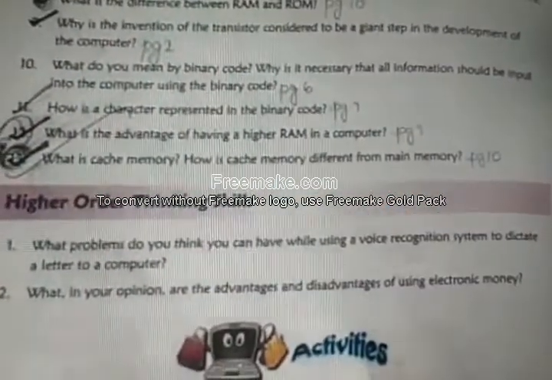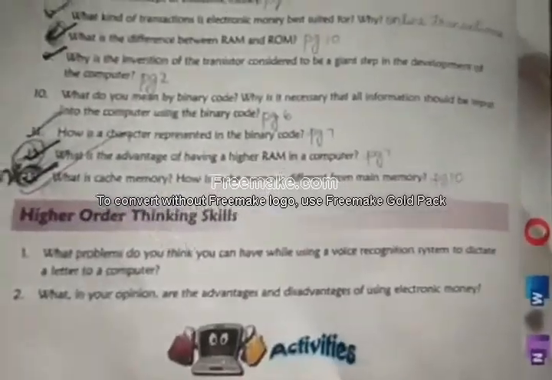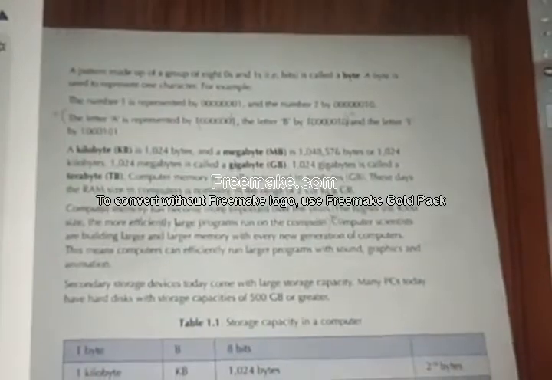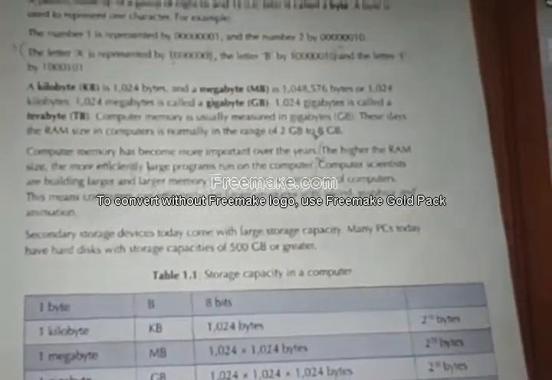Next. 12th question. What is the advantage of having a higher RAM in a computer? Page number 7. This one, 1, 2, 3, 4th paragraph.